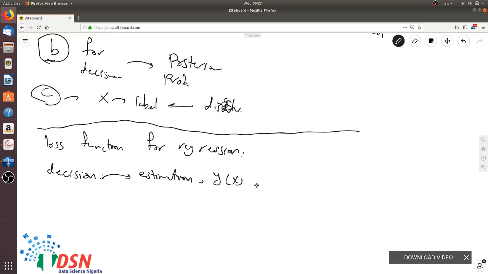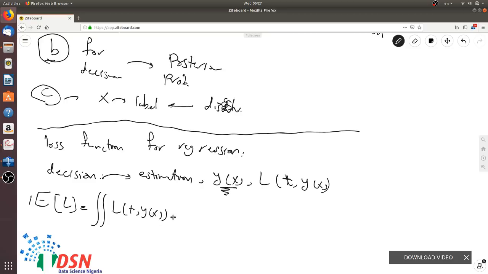We have the actual y of x given x, and as we defined a matrix in the classification problem, here also we could define a loss function for the target values and the model output. This is the model output and this is the actual value. So the expected loss is the integration of our loss function times the joint probability of x and t.